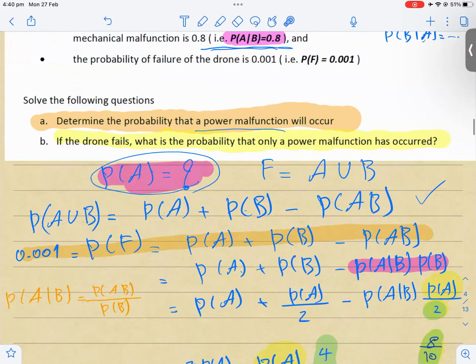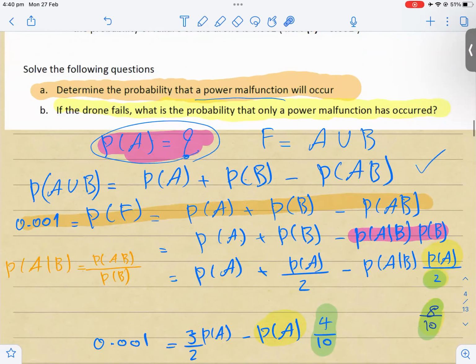All right. Second, the second part, I'm talking about the yellow highlighted part. We are going to solve this question: if the drone fails, what's the probability that only power malfunction has occurred?